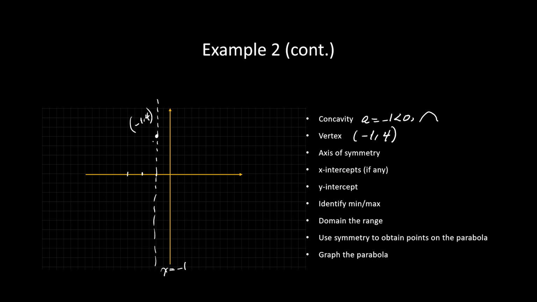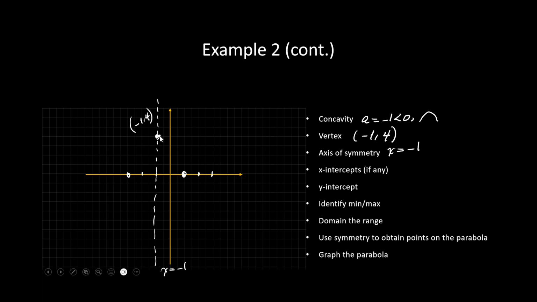Now, even if we didn't know it opened down, we'll see that in just a second. This is x equals negative 1. The x-intercepts, we said, were 1 and negative 3. There's one x-intercept here and one x-intercept there.